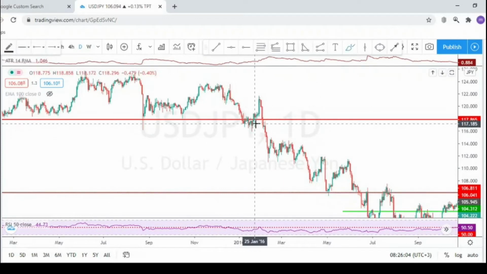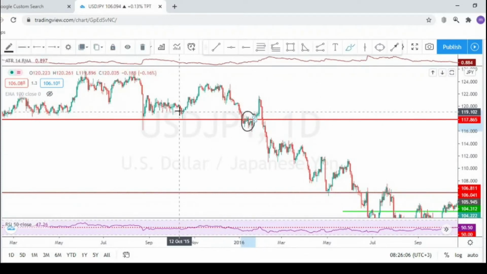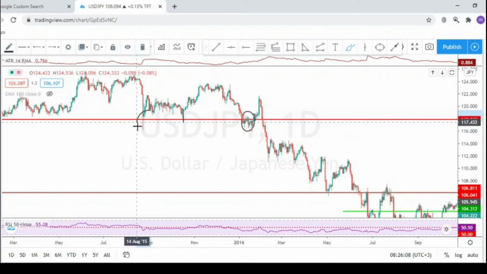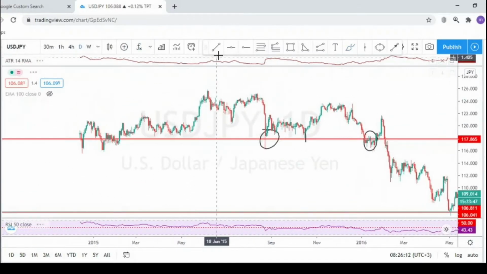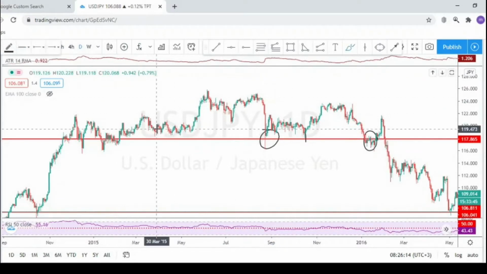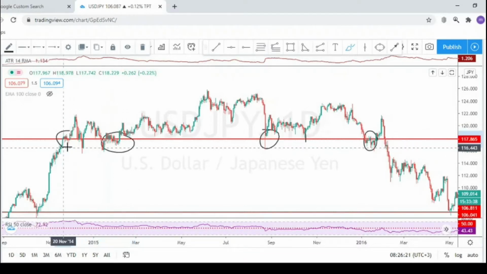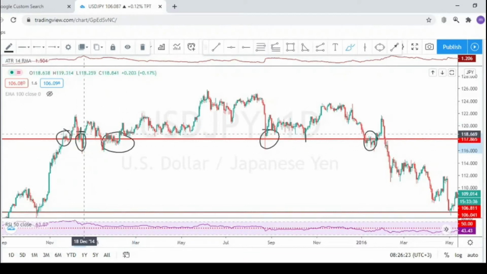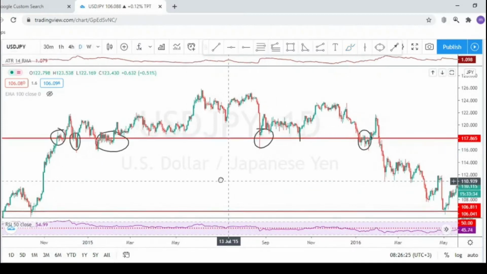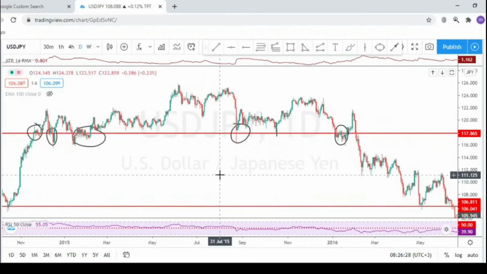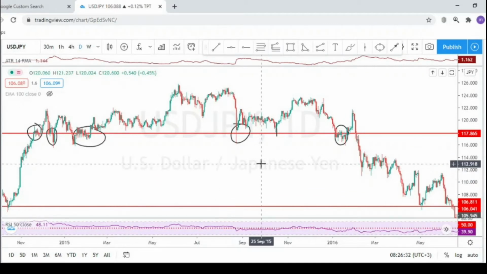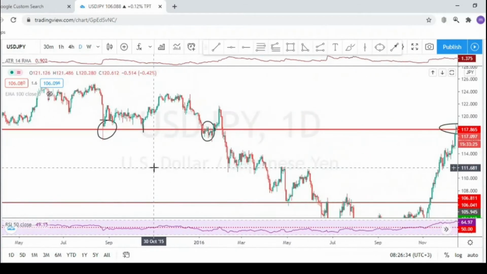It was tested here as support, here as support, here as support, here as resistance, and as support here. As you can see guys, this is a level of structure that has been tested multiple times as support and resistance in the past. So you identify that level.